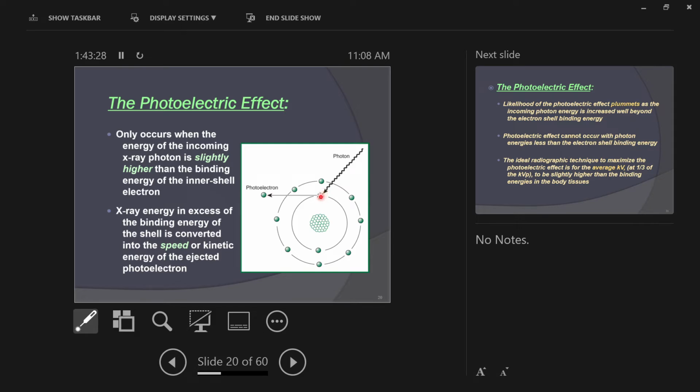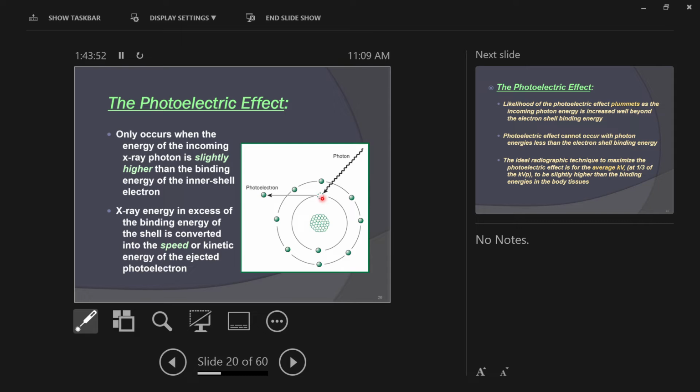But if the energy of this photon is like 41 or 42, something just a little bit higher than the binding energy for the orbiting electron, you will deposit all of the photon's energy into the electron, not just some of it. Okay, and when you do that, you eject the electron, and you have completely lost the photon.